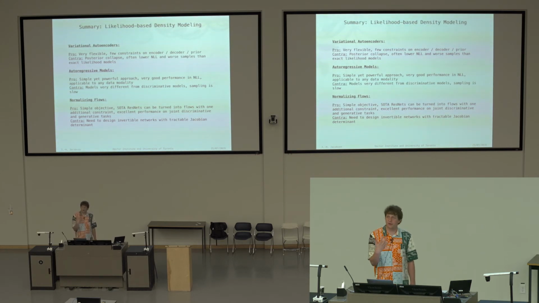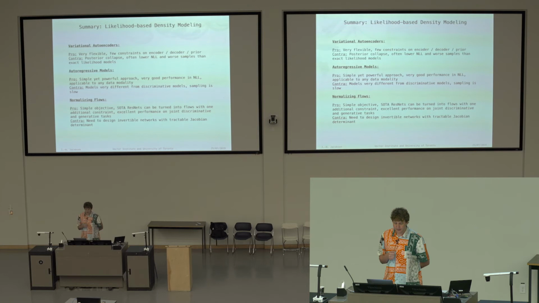And if you have a very powerful decoder, then you can learn completely useless latent representations while your objective actually looks great. That's a common problem in variational autoencoders. They also often have lower negative log likelihood and worse samples than the other exact likelihood methods.